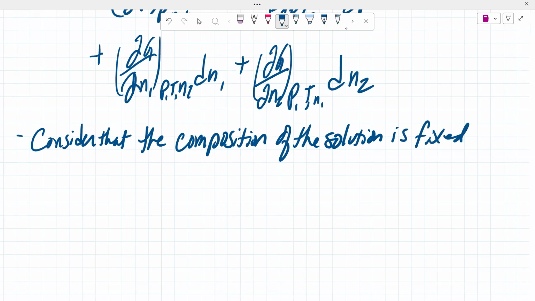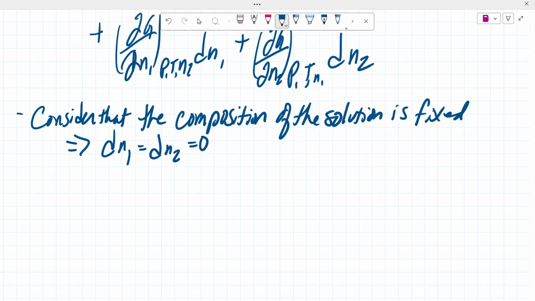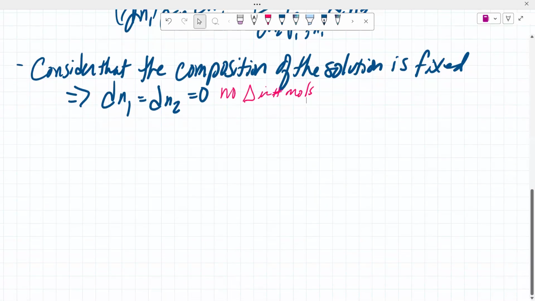This means you're not changing what's in the beaker during the prescribed time under consideration. dn1 equals dn2 equals 0. That means no changes in the number of moles. That's what that says. Then we can make the following equivalencies.